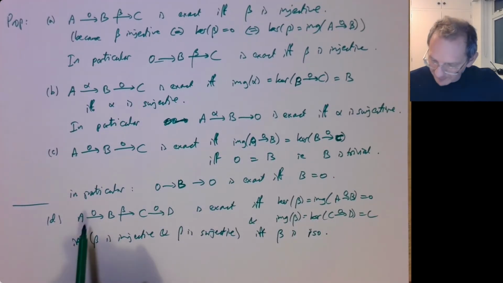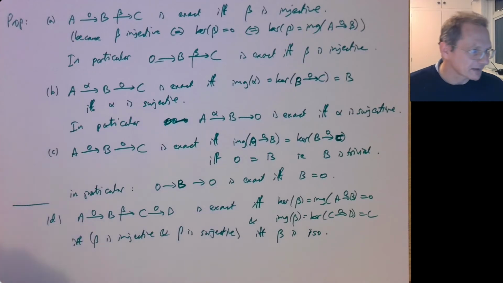So what we conclude is that a sequence like this is exact if and only if beta is an isomorphism.